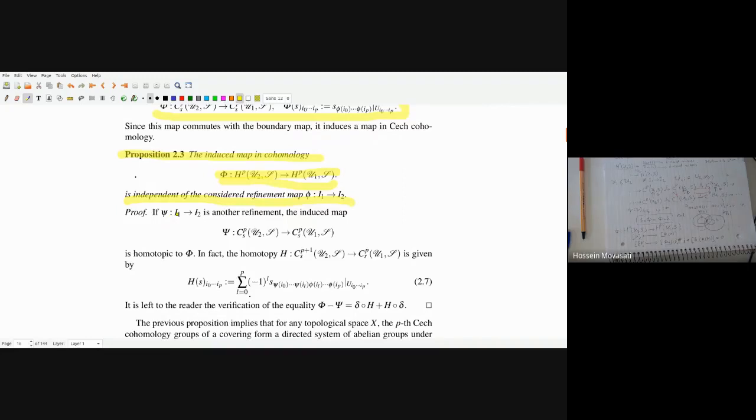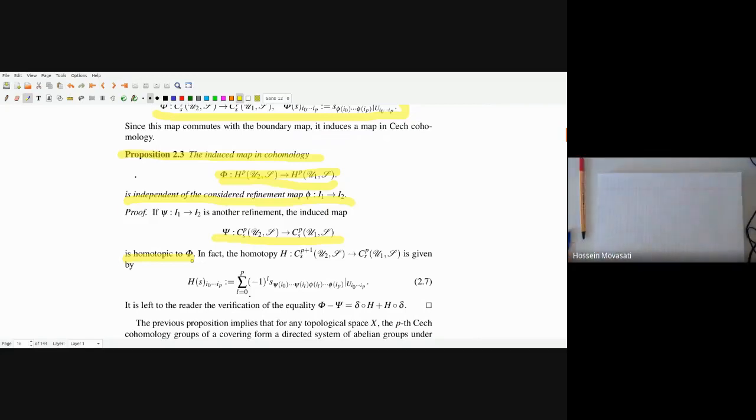Okay, so here it is not written in a more pictorial way. Let's say we have to choose two different refinements, and this will also induce a map of complexes, and we have to show that they are homotopic. It is homotopic to phi. Now I am going to explain a little bit what it means to be homotopic.